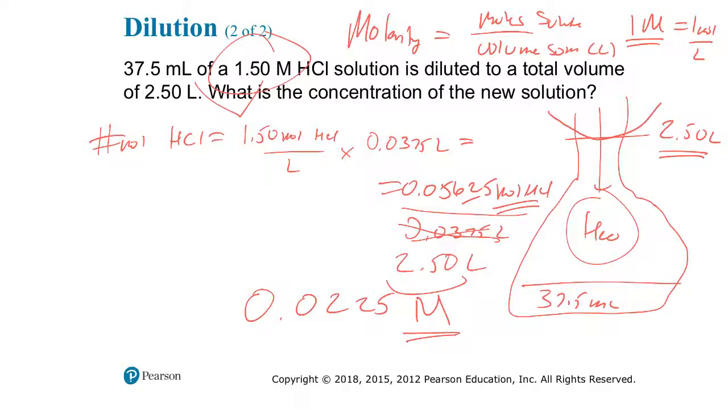Now one of the keys is the molar would be moles of HCl per liter of that solution. So that's what the big M means. So 0.0225 big M, moles of HCl per liter of that solution. So I've now decreased this concentration from my starting concentration. It was 1.50 molar, now it's just 0.0225 molar.